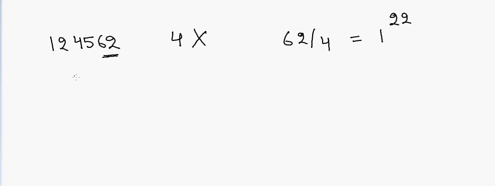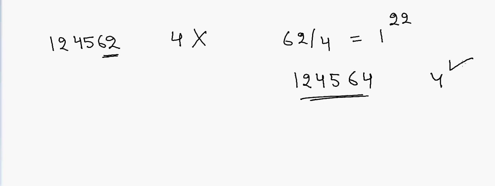So how can I modify this number? If I add 2 more at the end, so I make it 124564, then this number should be evenly divisible by 4. And I can modify this number in any way. I can write 432164, and again it is divisible by 4.